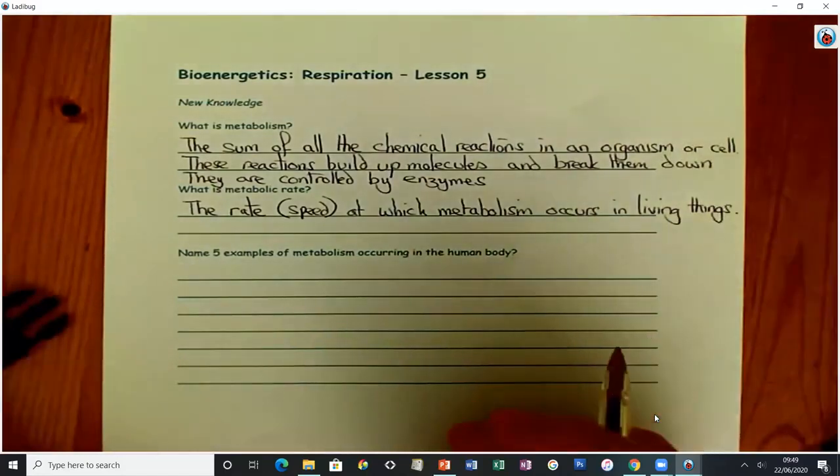The higher or the faster your metabolism, the more energy your body would use in a day. So let's just make a note of that.